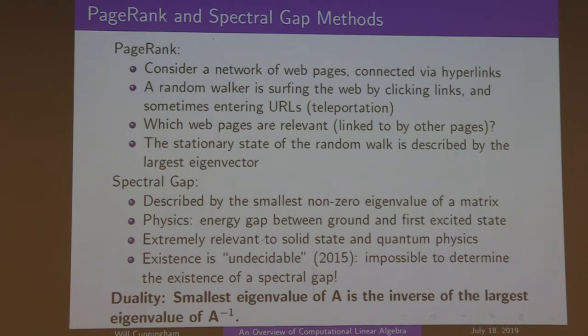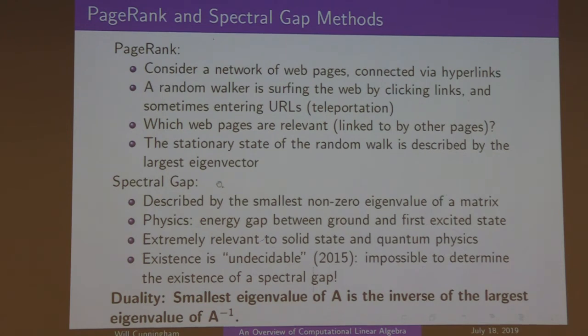After an infinite amount of time, which pages do you end up on the most? And this is called either the PageRank or the eigenvector centrality. Now, it just so happens to be described by the largest eigenvector of your system. What I mean by largest is the one that corresponds to the largest eigenvalue. So if you're able to determine just that, you don't need to do any matrix decomposition that might be more expensive. You only need one of them.